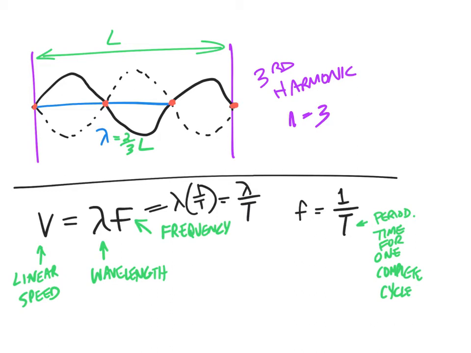Back here, we have lambda equals 2L, and we have V equals lambda F, then that means the frequency could be written as speed over lambda.